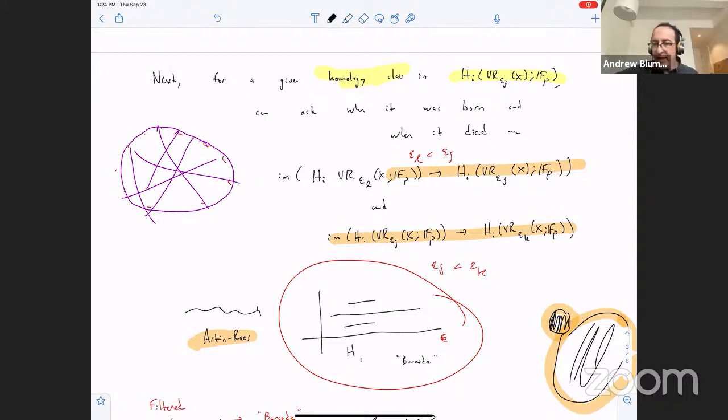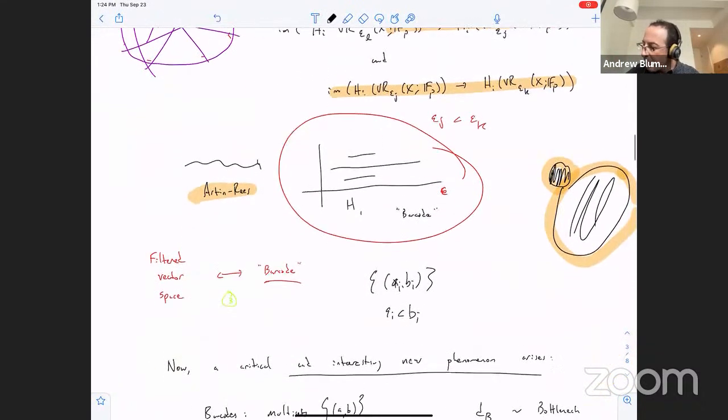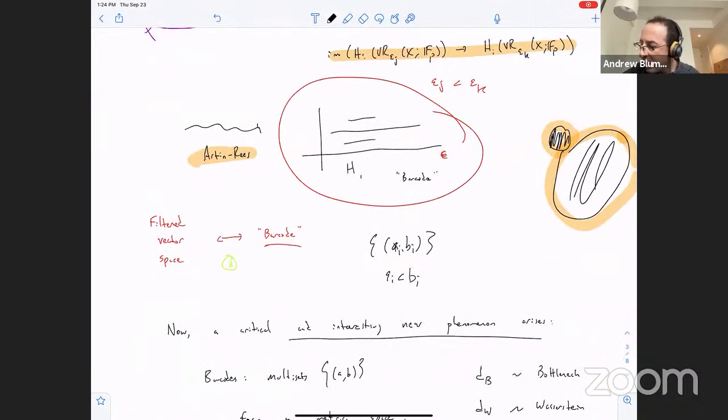This idea of persistence was invented by Edelsbrunner, Letscher, and Zomorodian, and this perspective on it in terms of the Artin-Rees lemma was really figured out by Afra Zomorodian and Gunnar Carlsson, and then of course widely propagated.